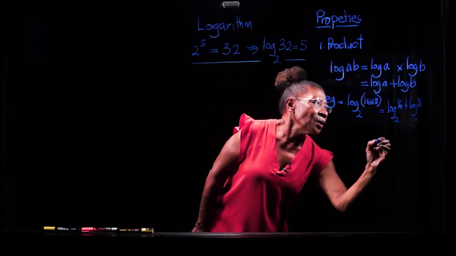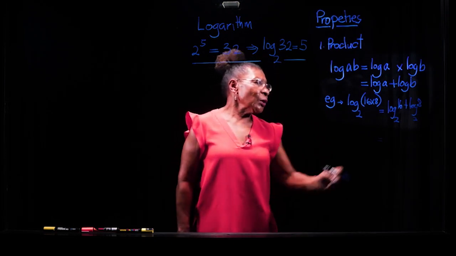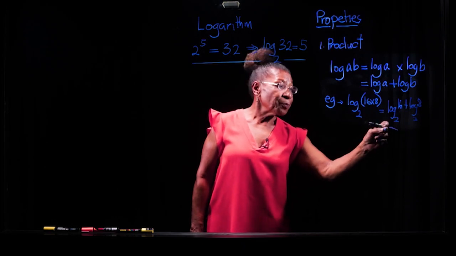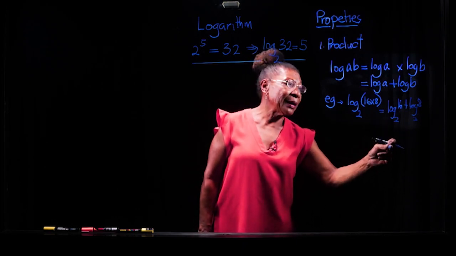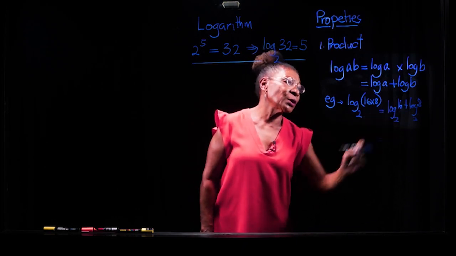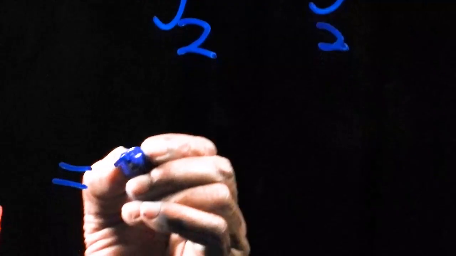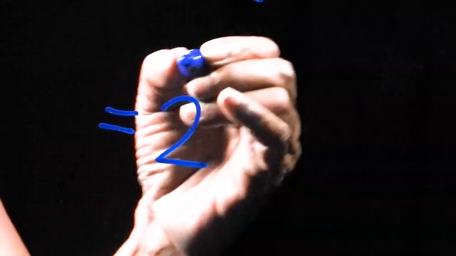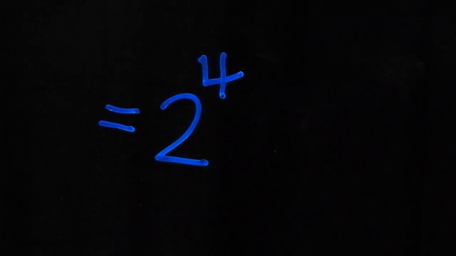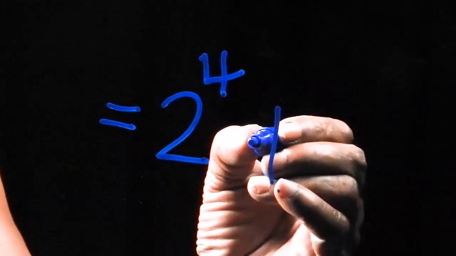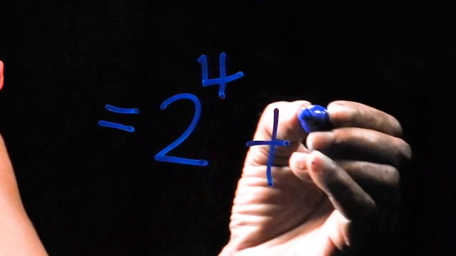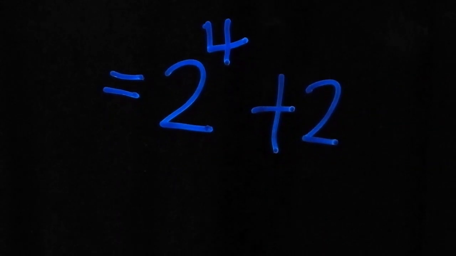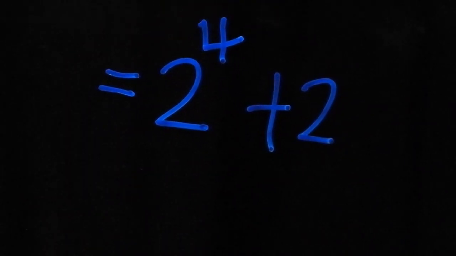Then we continue on. We look at 16 and we think, okay, it has a base of 2. How many times could I multiply the base 2 by itself in order to obtain 16? The answer would be, should you multiply the base 2 by itself 4 times, it would give you 2 to the power 4, which is 16. You add that onto how many times do I multiply 2 by itself in order to give me the product 8.